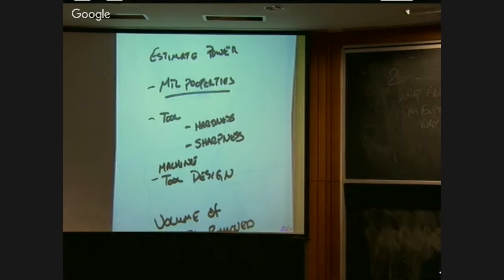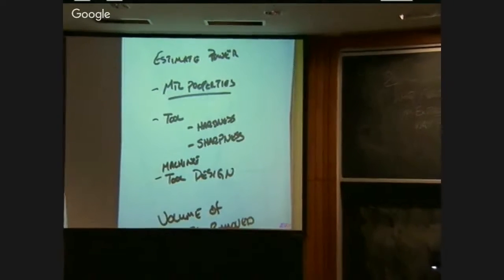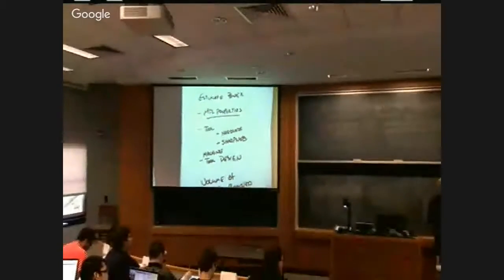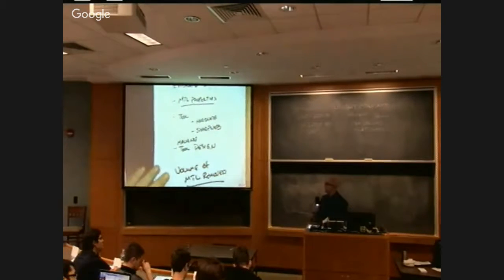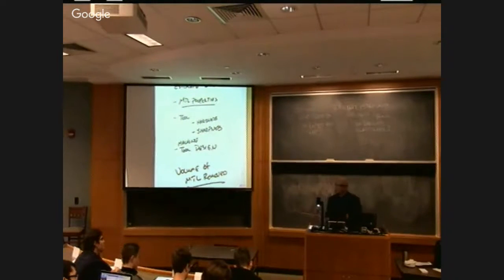So I want to know how much, because that volume of material removed is going to tell me how big the chips are. One way you can estimate the material removal is to measure how big the chips are. You can look at that. How do we know what the material removal rate is?